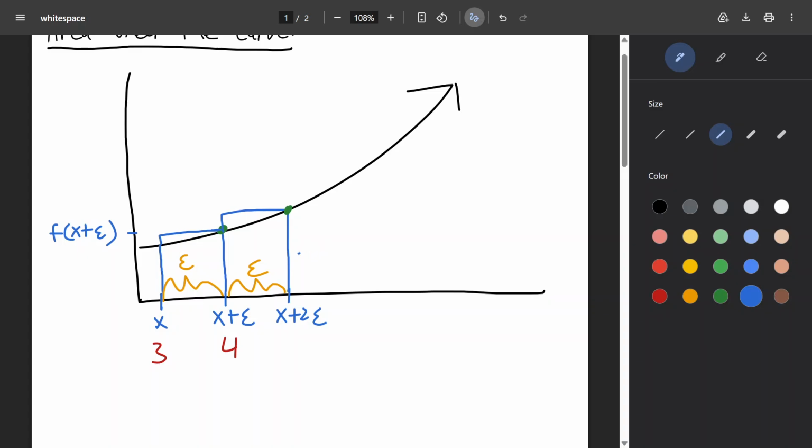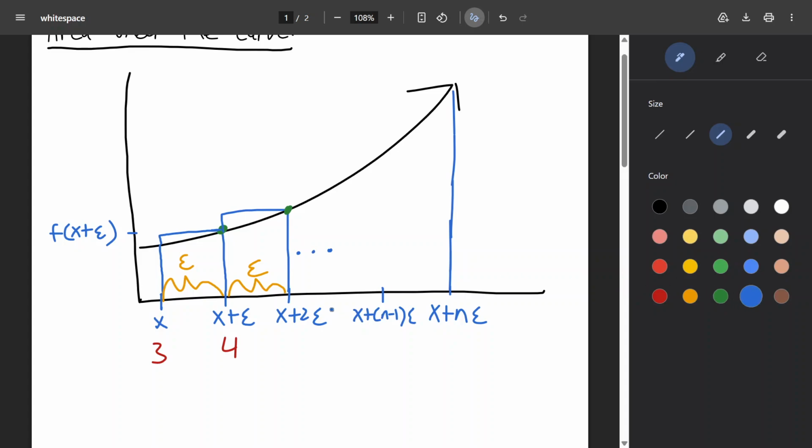Now, if we continue this process until we reach the last rectangle, then we will end up at x plus n epsilon, where n represents the number of rectangles we have. To make this drawing look nicer, let's also put the second to last point, which is x plus n minus 1 epsilon, because that's the point right before x plus n epsilon.